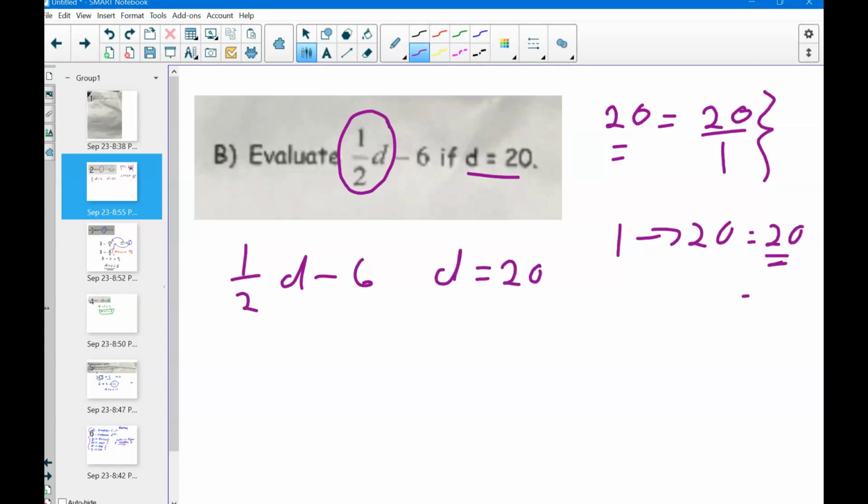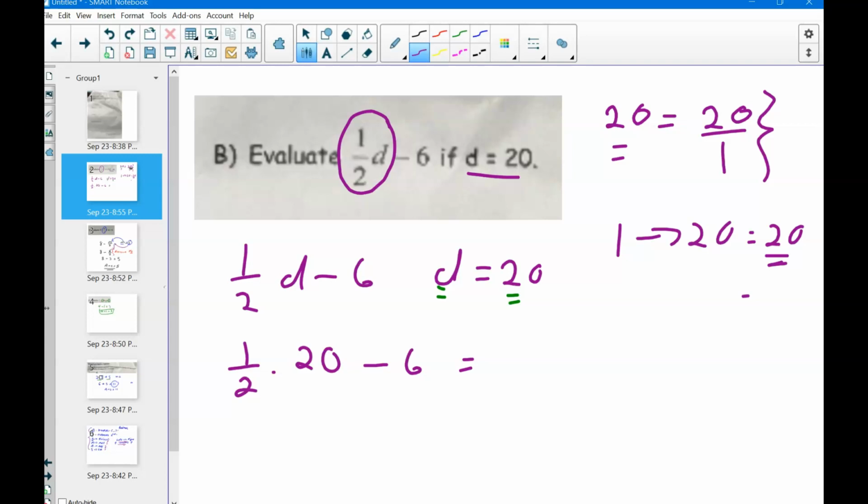Alright, so now we're getting good at this because we understand that whenever I see a D, I put in 20. Alright, now we're rocking this. So now I have 1 over 2 times 20 minus 6. And that just looks totally nasty. Horrendous. I don't even know where to go.